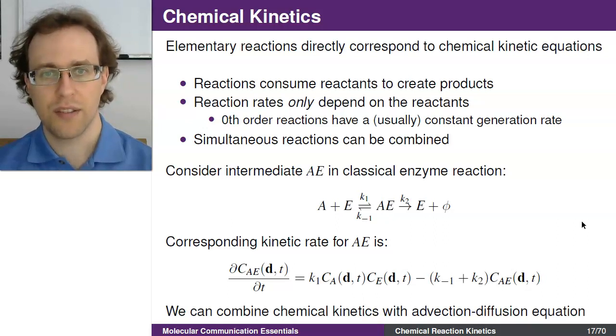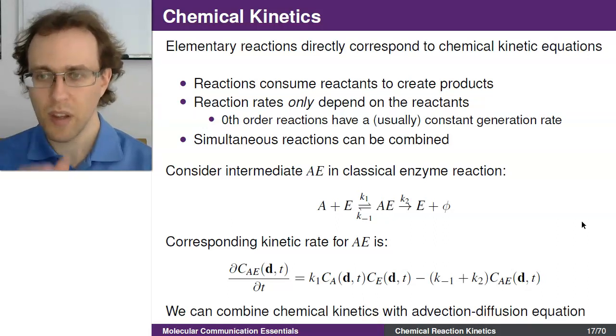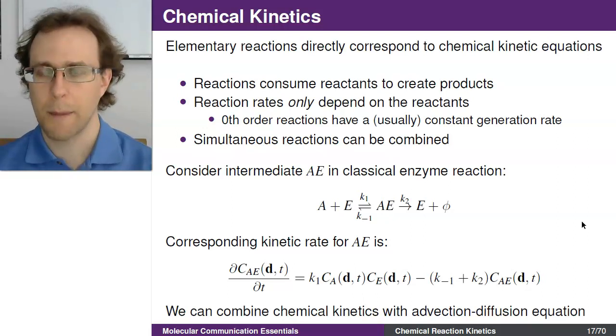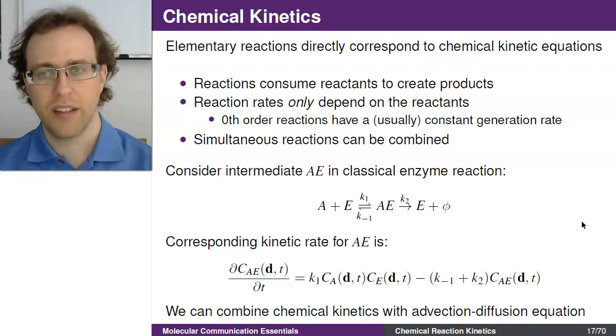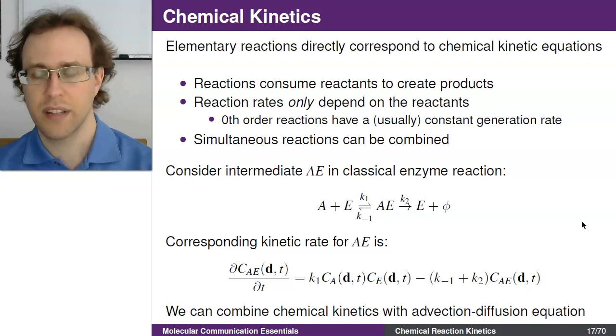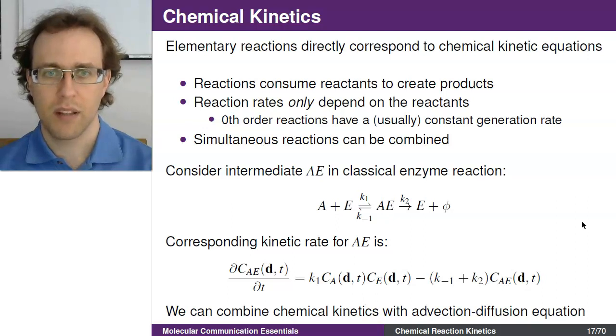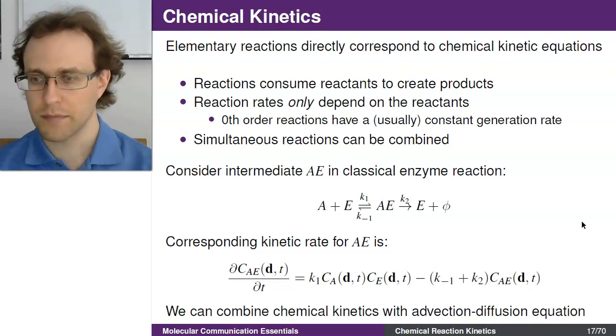The reaction rates that correspond to a reaction only depend on the reactants. They don't depend on the products themselves. I should note that zeroth order reactions tend to have a usually constant reaction rate. Conveniently, we can also take multiple reactions that occur simultaneously and combine them together within a single kinetic representation.